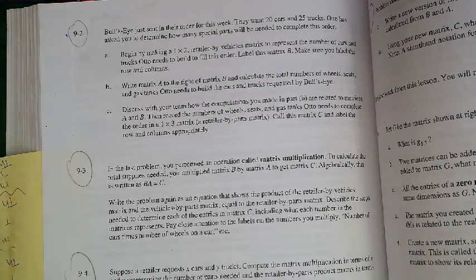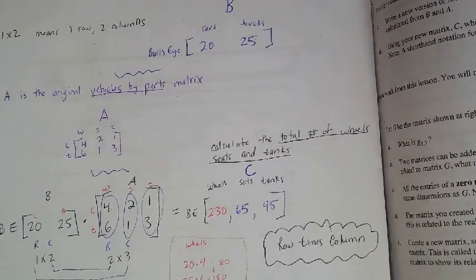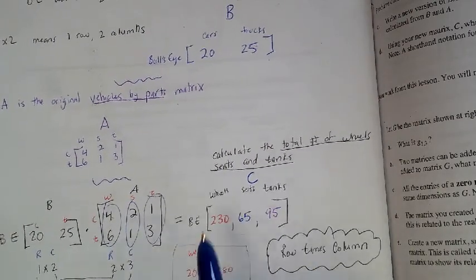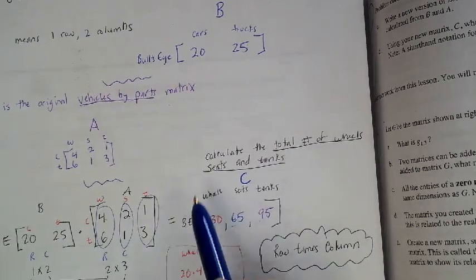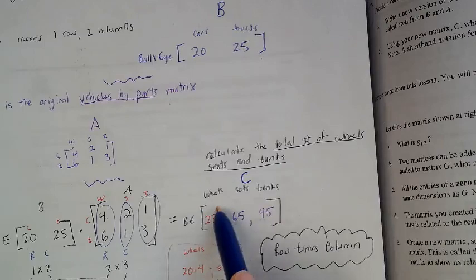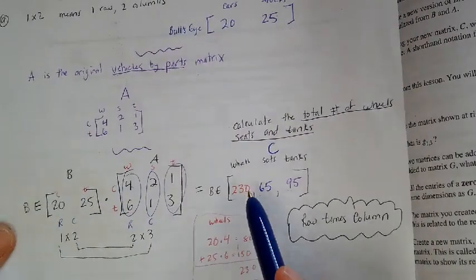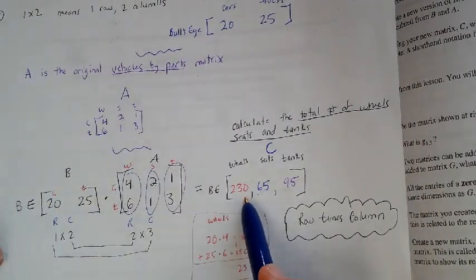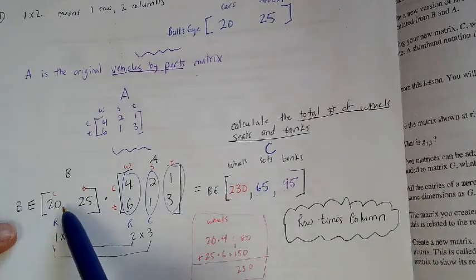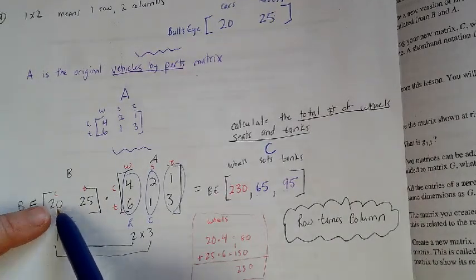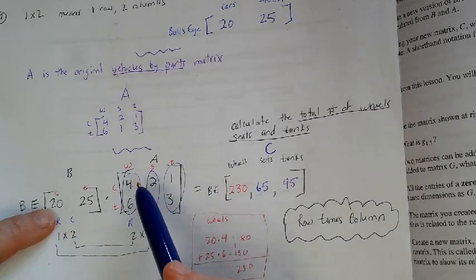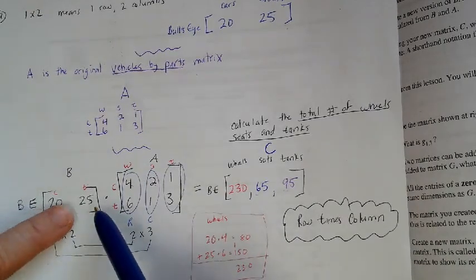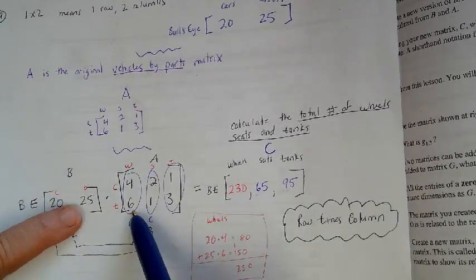Okay, so they're basically saying pay attention to where these numbers came from and what these numbers are. Like this 230, this is the total number of wheels. And so it came from multiplying how many cars by the number of wheels per car, plus how many trucks times the number of wheels per truck.